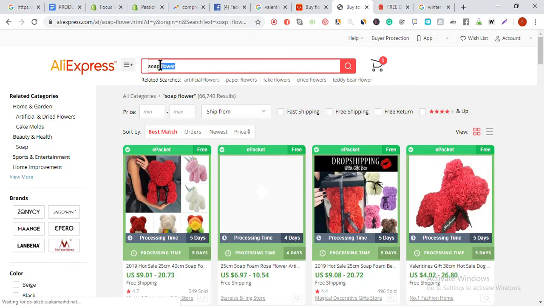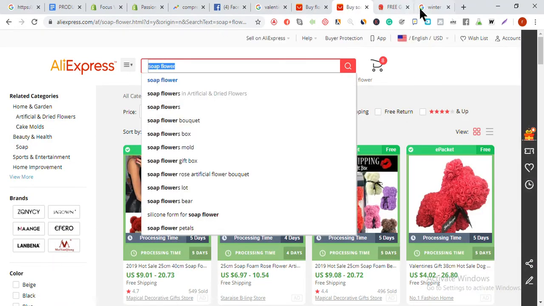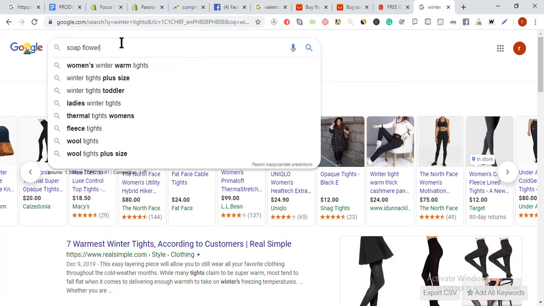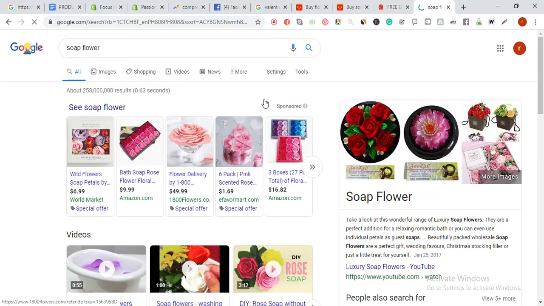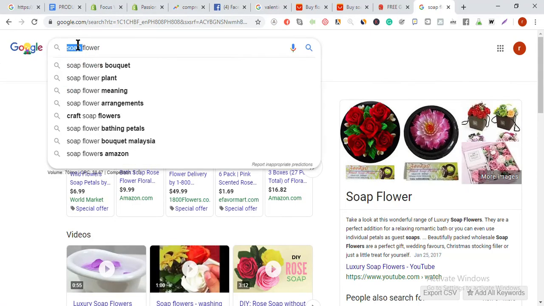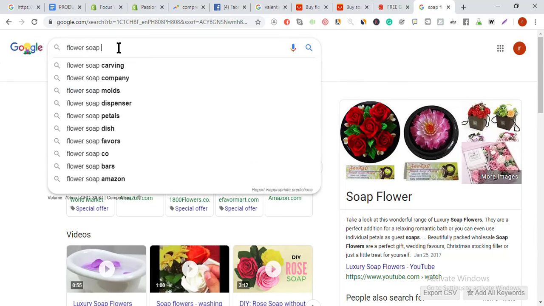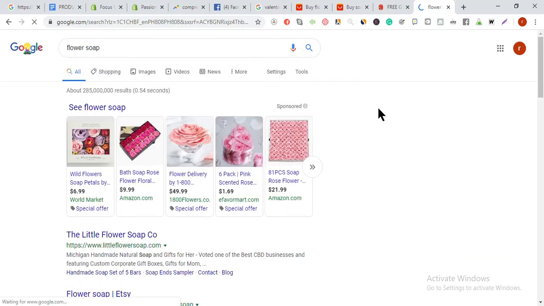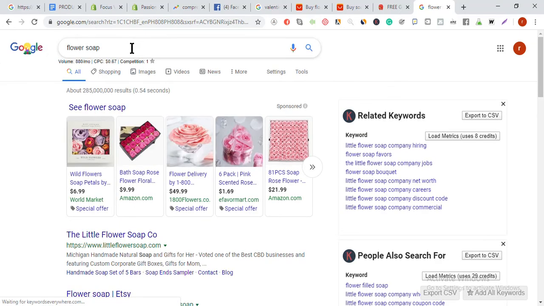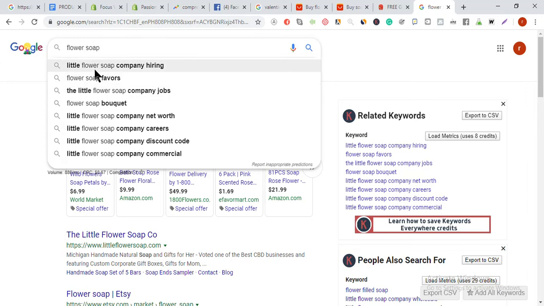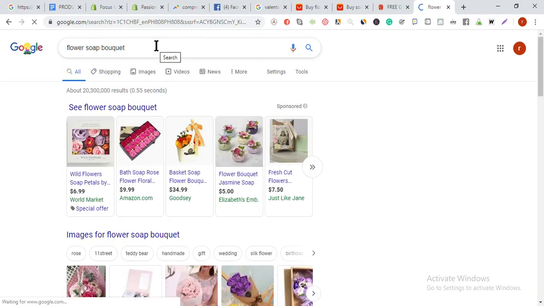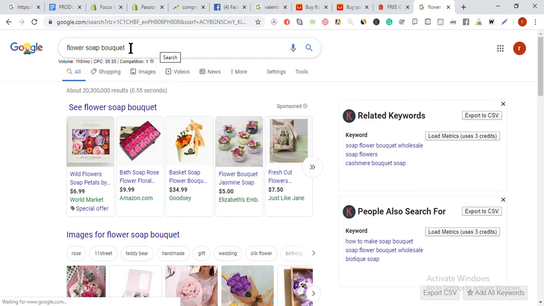Let me find it here. Soap flower. Oh, or flower soap. 880. It's low. Little soap bouquet. Let's check on that. 110.